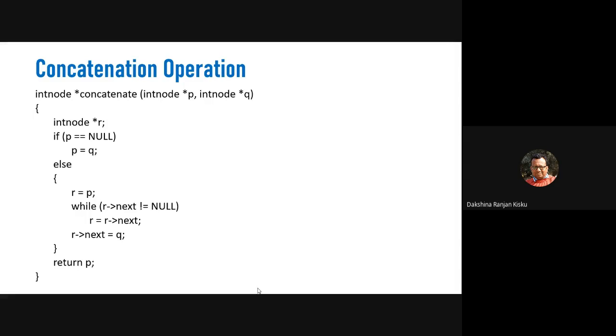That means the link part of the last node will now point to the second linked list, that means the first node of the second linked list. After this, we will return the pointer P, so that pointer P will point to the concatenated linked list. So this is the function definition for the concatenation operation.